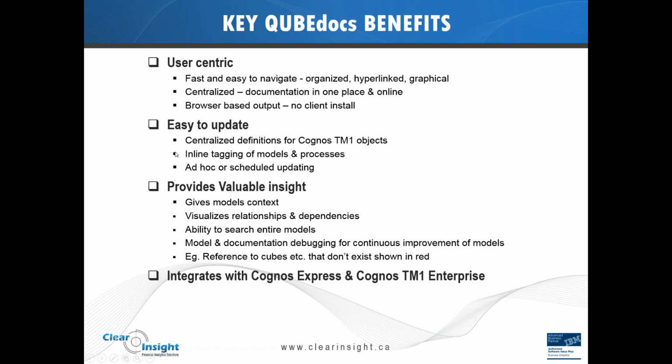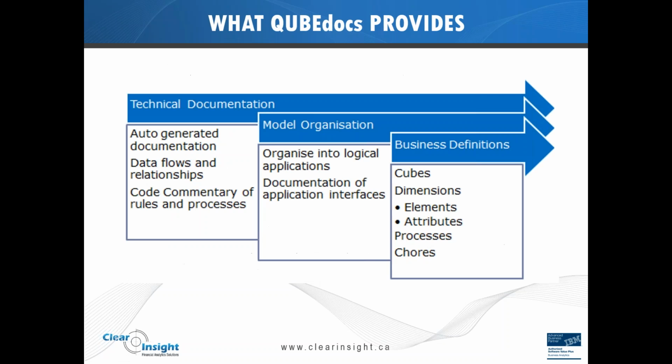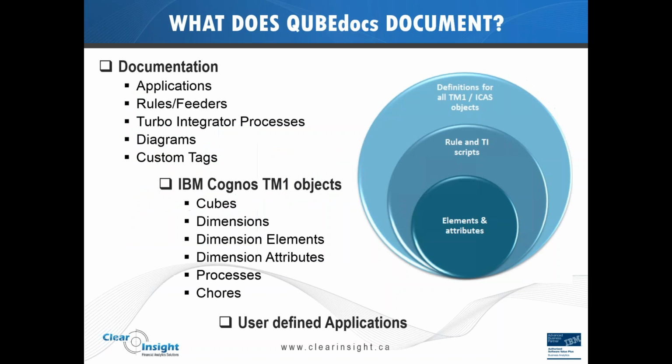There's the technical documentation, first of all, that is generated for you, the data flow and relationships between all the elements in cubes. The commentary on your rules and processes, that's just a highlight of what we can get out of that. Then the applications and models that are in there, and then down to the lowest elements of cubes and dimensions, chores, processes are all provided in the documentation itself.